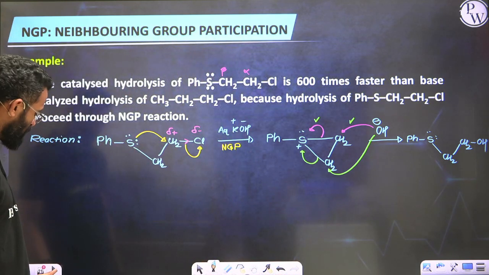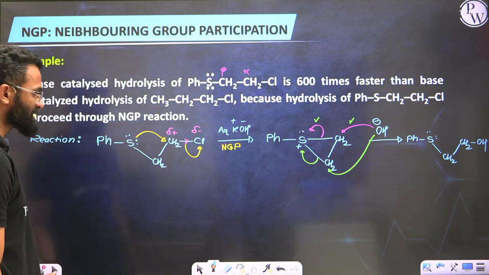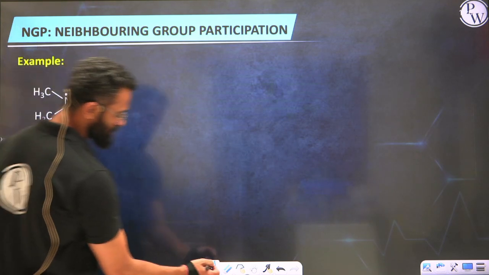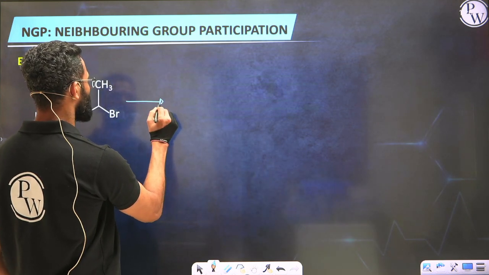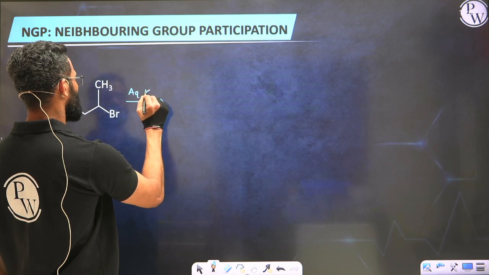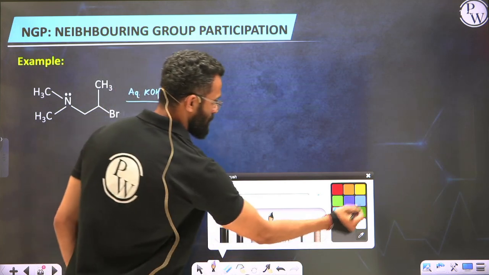Let me just take few more example where we may have a non-equivalent carbon. So how do we decide major minor? Look at this. Now in this case, they are asking us to carry out reaction with, let's say again, aqueous KOH. All right.